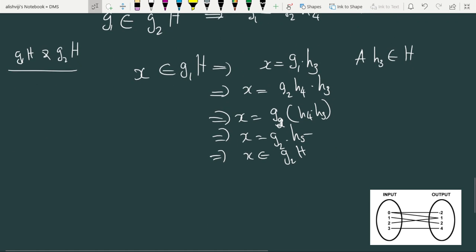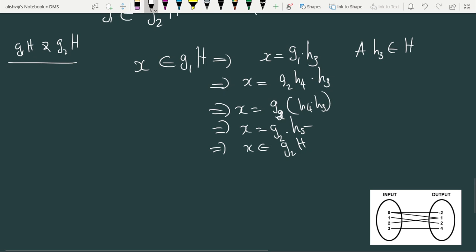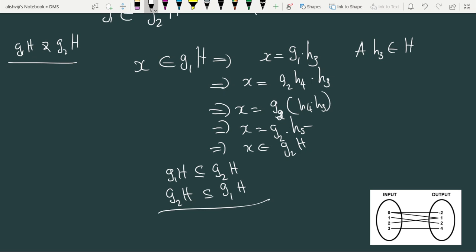So if you take an arbitrary element from G1H, then you can prove that it belongs to G2H also. That means G1H is a subset of G2H, and we can use the same steps to prove that G2H is a subset of G1H, and by comparing these two, we can simply say that G1H is equal to G2H.